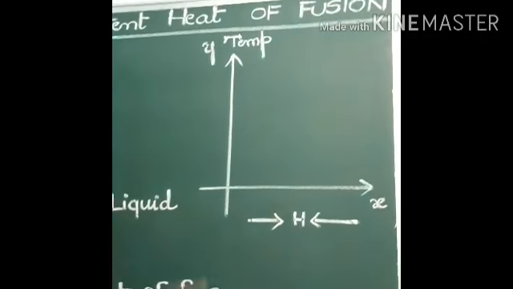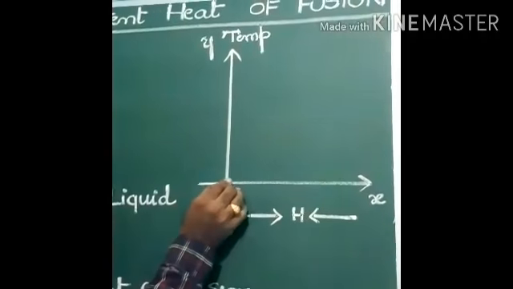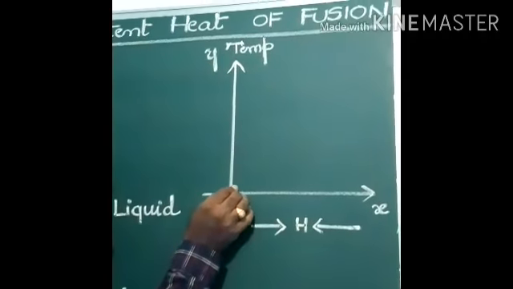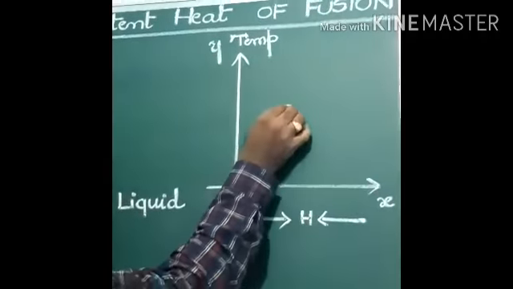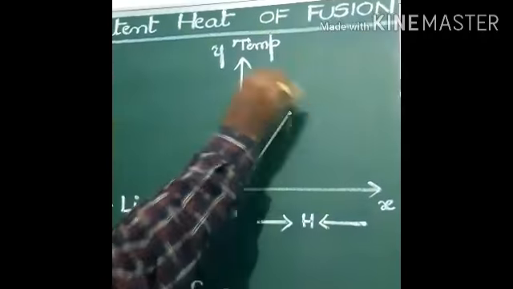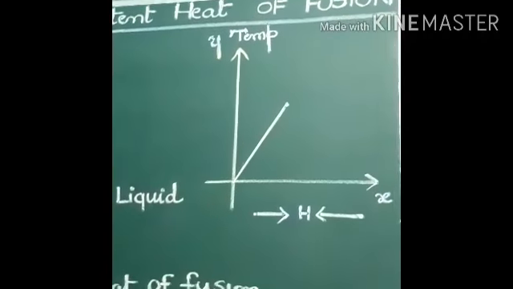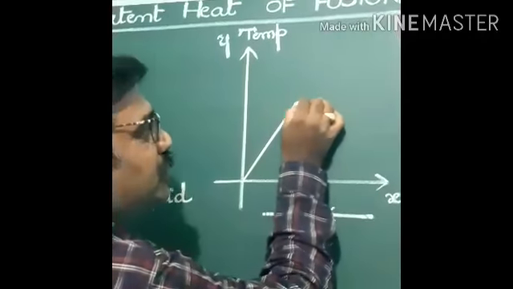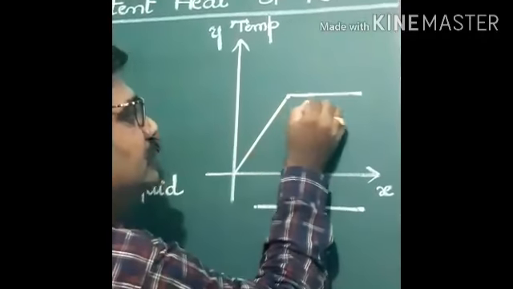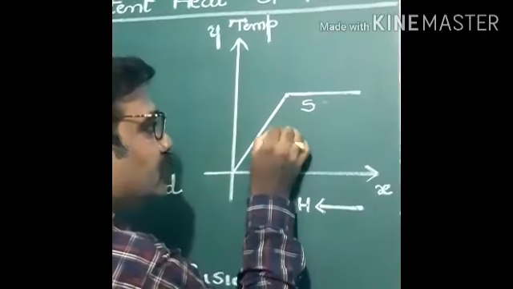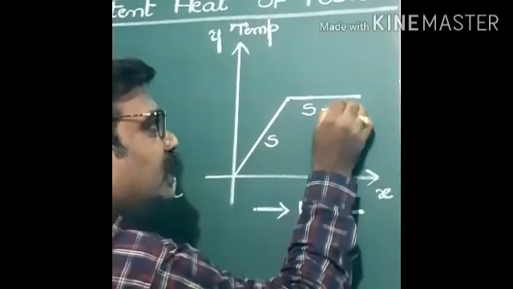For applying heat to the solid substance, the temperature increases up to a particular level. What happens at this particular stage? Solid is converting to liquid.